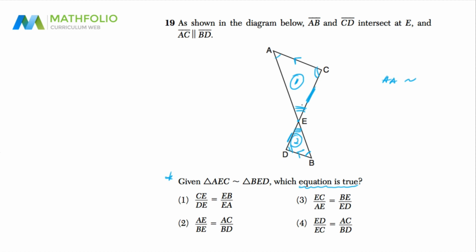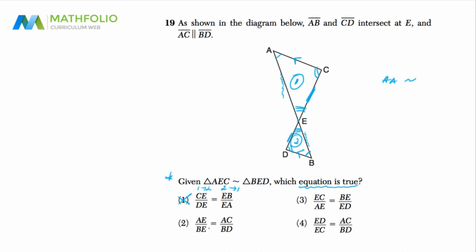CE goes between 2 and 3 strokes, and DE goes between 2 and 3 strokes. So that's going from 1 to 2, and then it says equals EB to EA. Now we switched it. Now we're going from 2 to 1, so that is not the case. We've got to start from the same triangle each time.